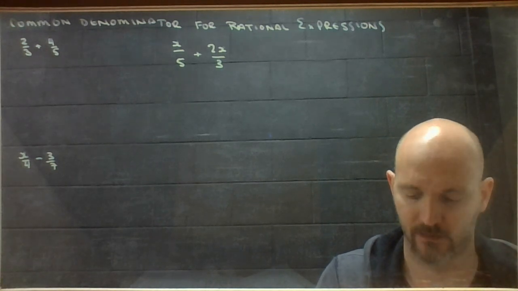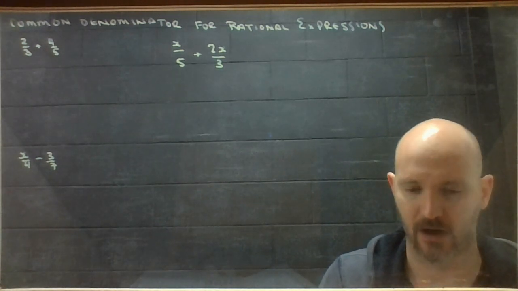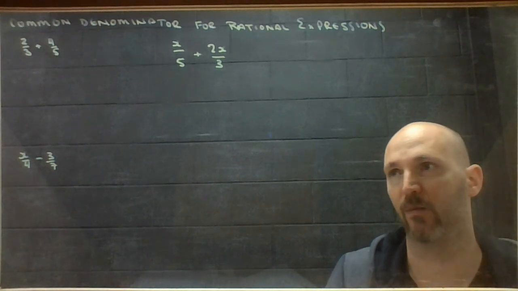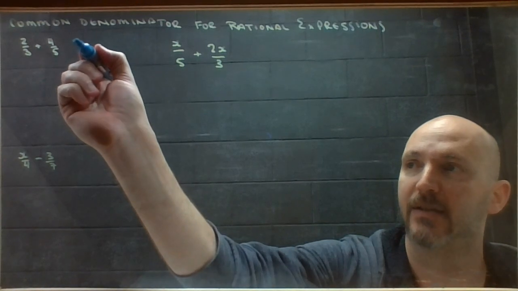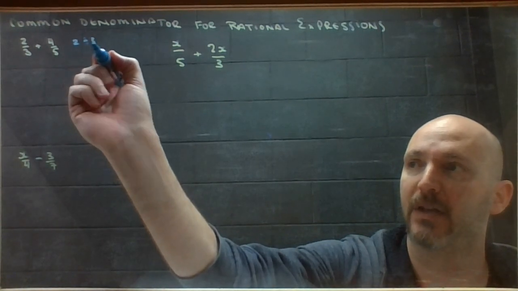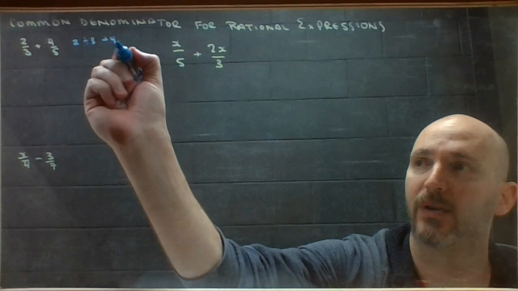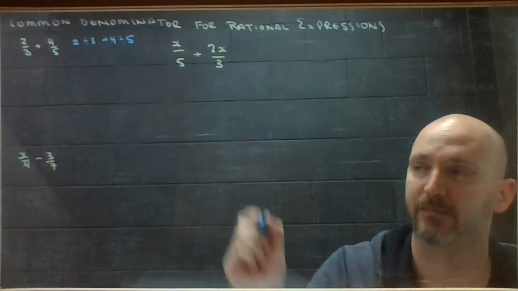So just a little preamble about what common denominator is and why you have to do it. This expression says 2 divided by 3 plus 4 divided by 5.